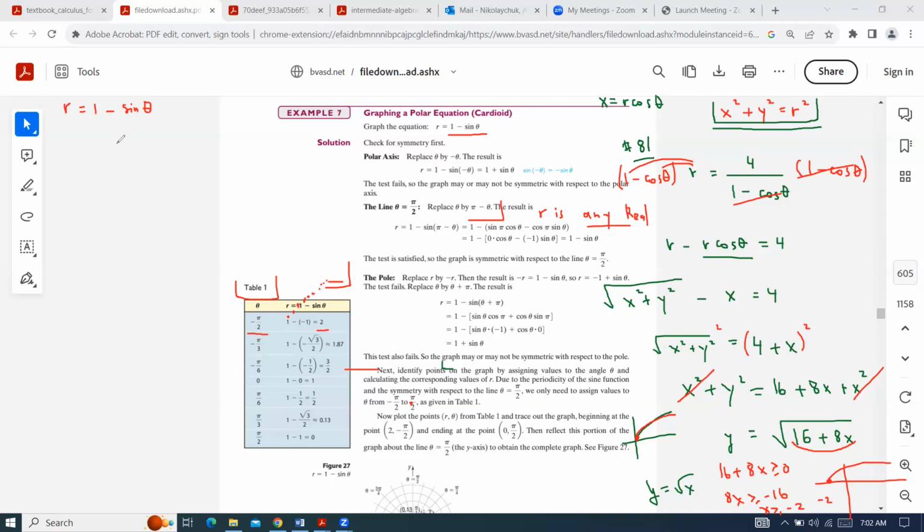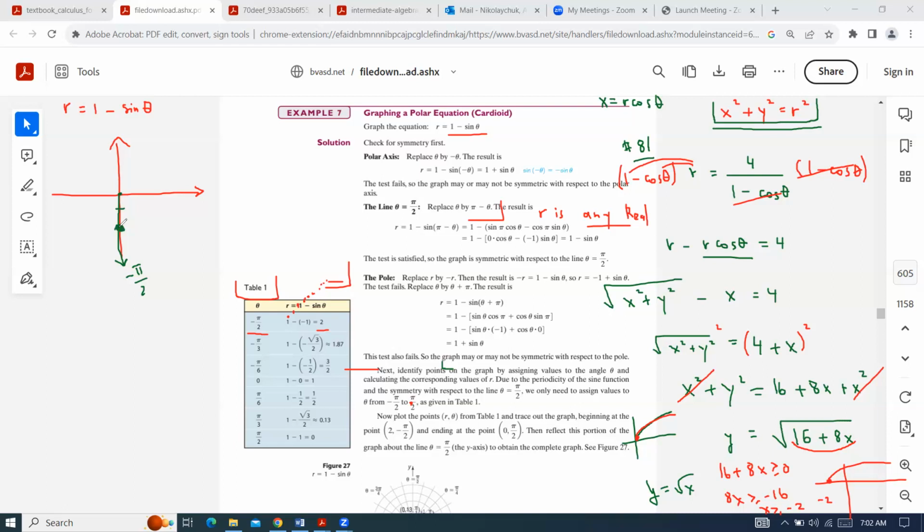And then they plot this point with theta equal to negative pi over 2. So the angle should go down here, right? Negative pi over 2. And then they take 2 steps, and that's going to be the point.